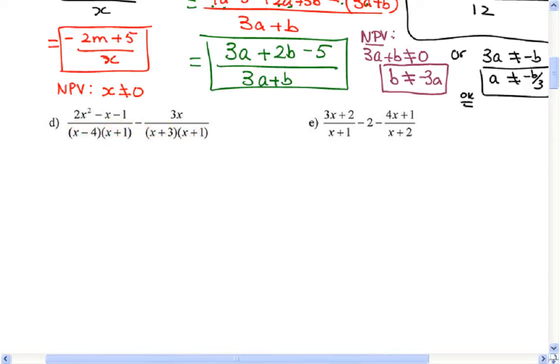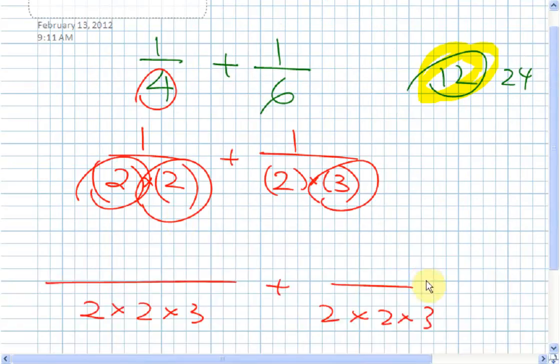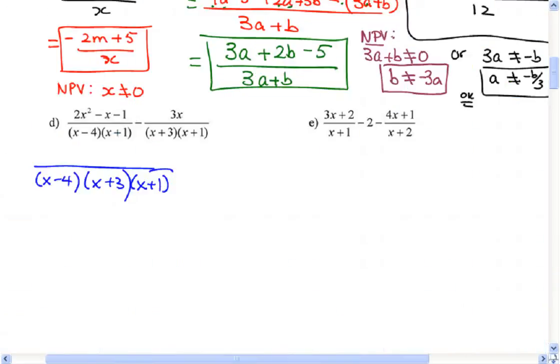Okay, so I need, just watch me first, okay? So I need an x minus 4. Okay, what else do I need? X plus 3. What else do I need? An x plus 1. Do I need one or do I need both of them? Just one. Just like over here, I only needed one of the 2's. I didn't need them again. The similar idea here is I need only one of these factors.